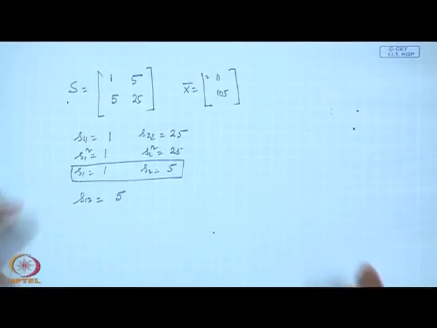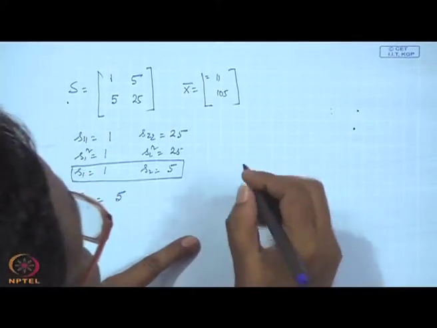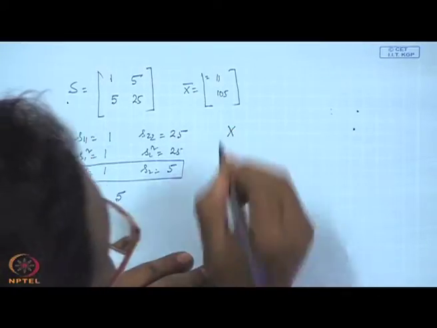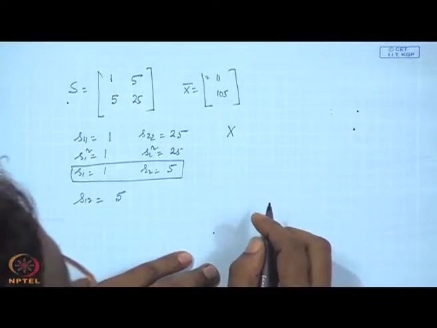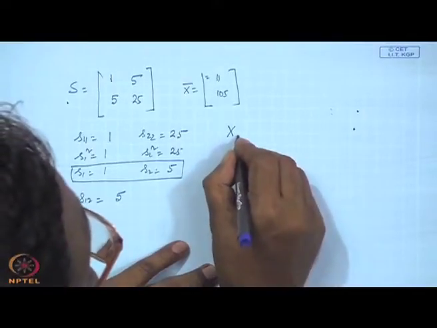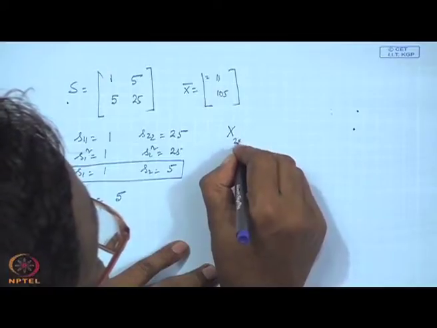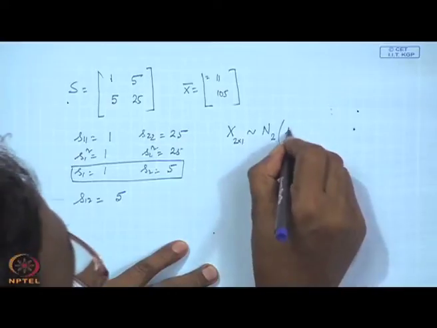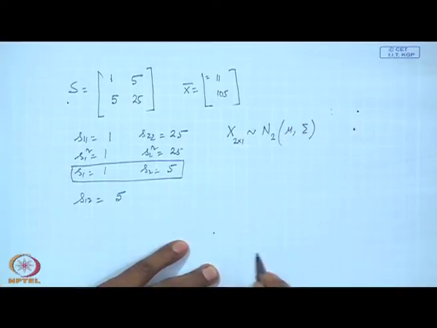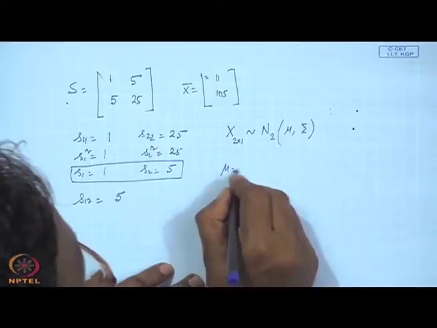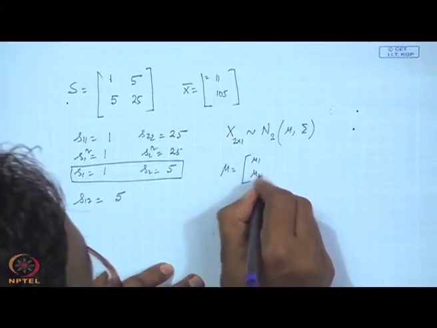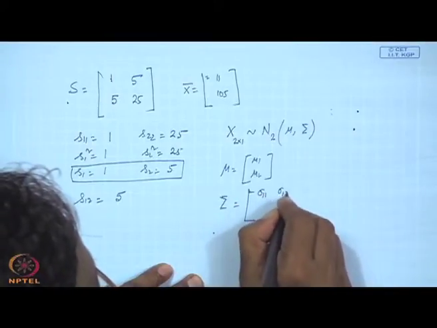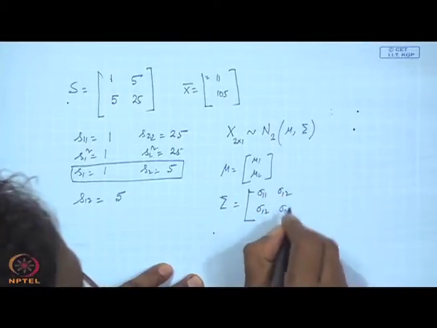Okay. So, if I say that my population is a multivariate normal population, that is 2 cross 1, this is the variable. So, it is basically N2(mu, sigma), then my mu is mu1 and mu2, and sigma will be 2 cross 2: sigma11, sigma12, sigma12, sigma22.